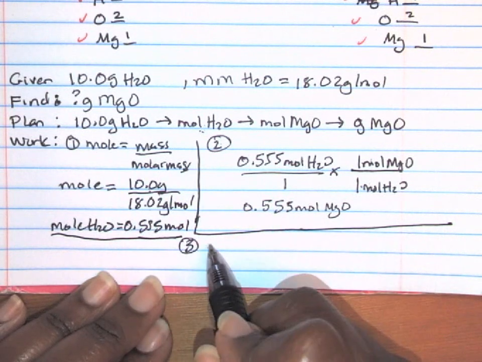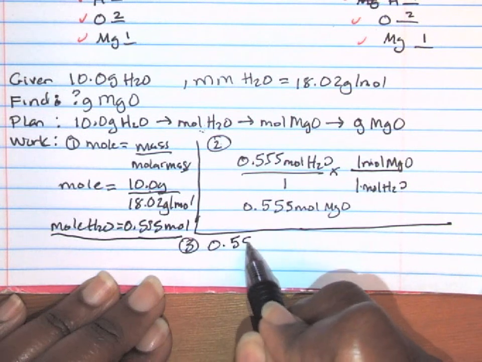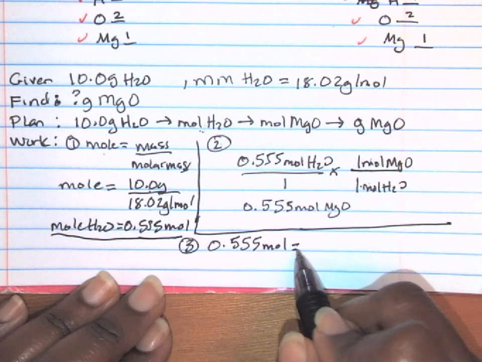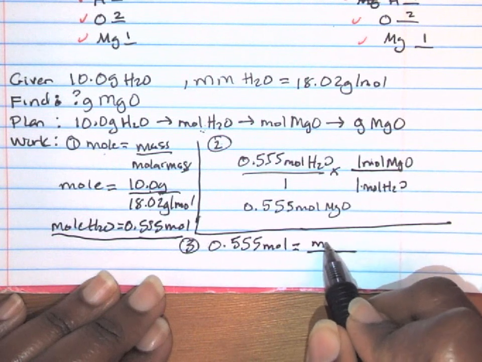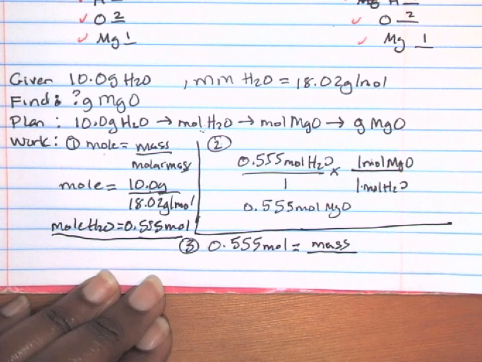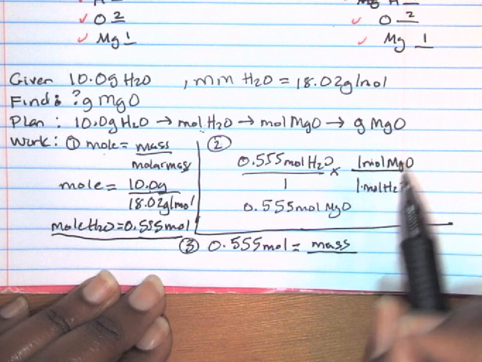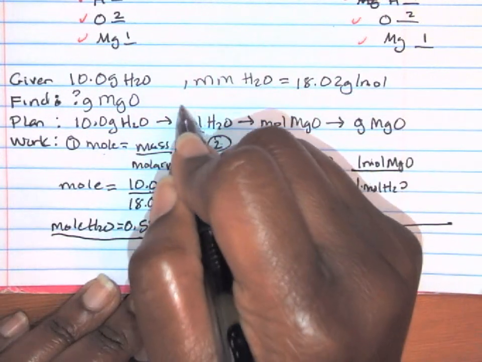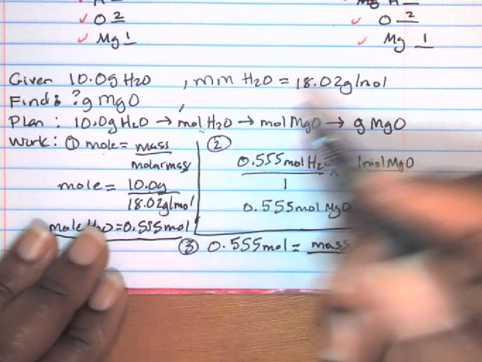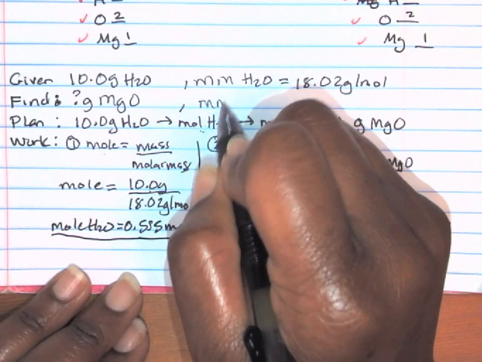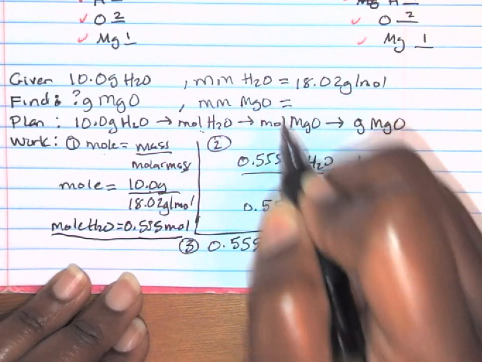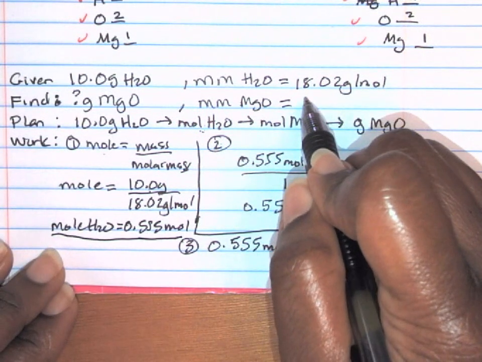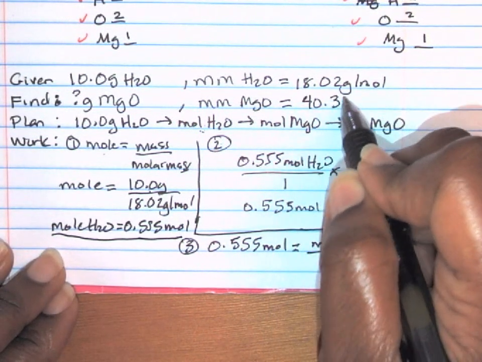Now I have the moles of magnesium oxide, so I plug that in for that portion of the equation. I'm looking for the mass. To solve this, I need the molar mass, so I go to my periodic table and calculate the molar mass of magnesium oxide, which is 40.30 grams per mole.